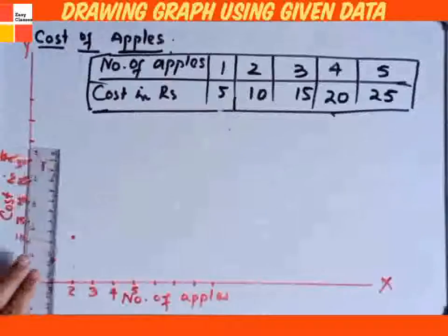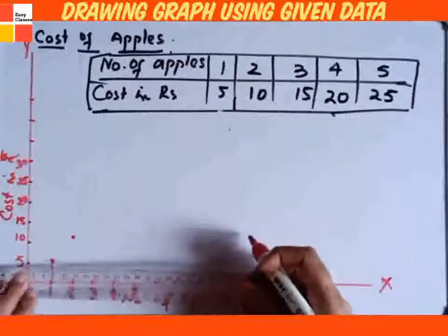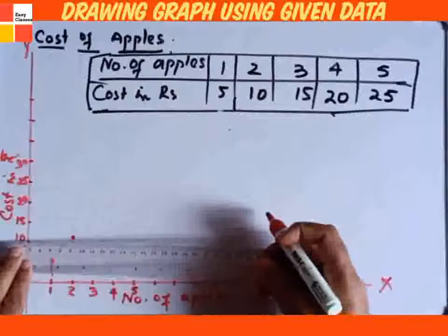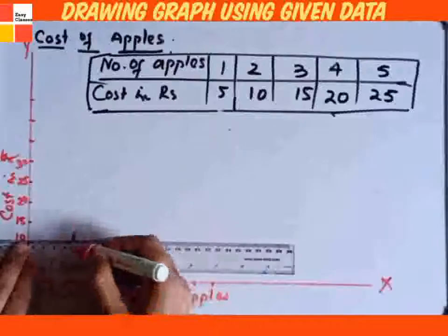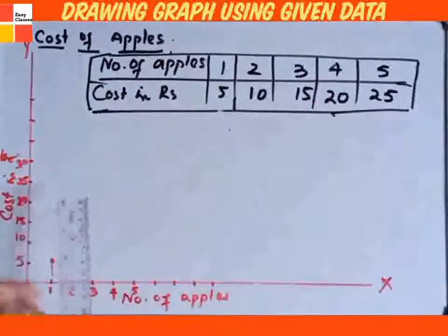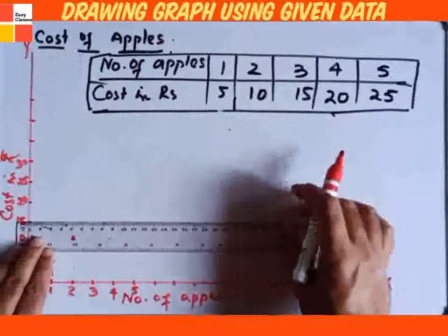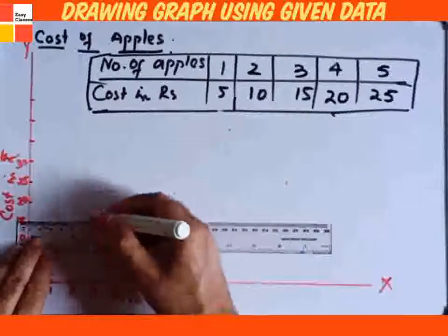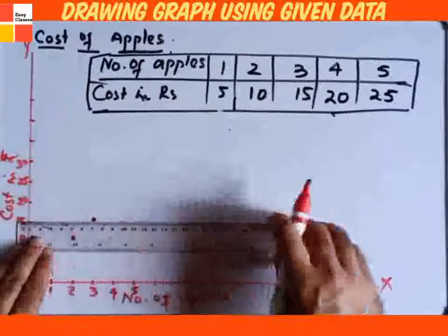Say for example this and this, with this, so somewhere here. Then 3 and 15, so this is 15 and this is 3, so somewhere here, right.